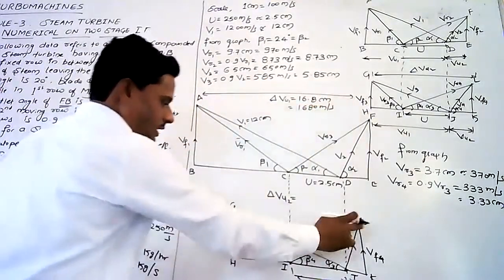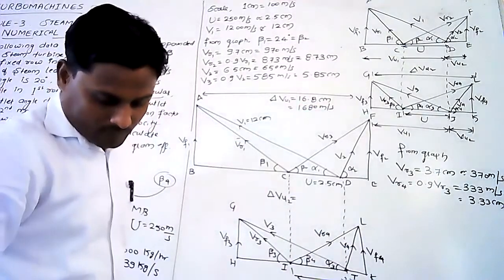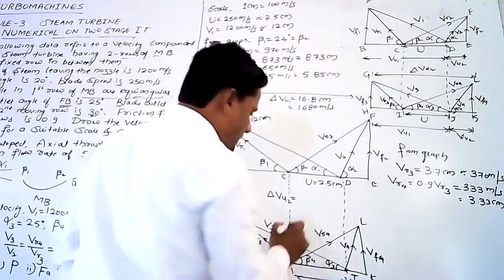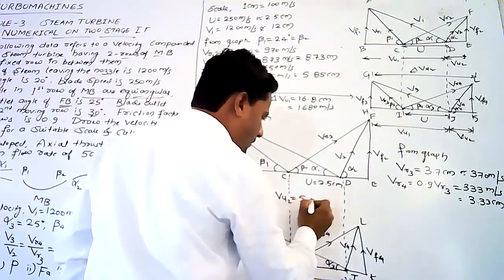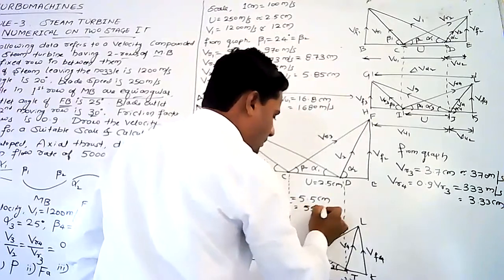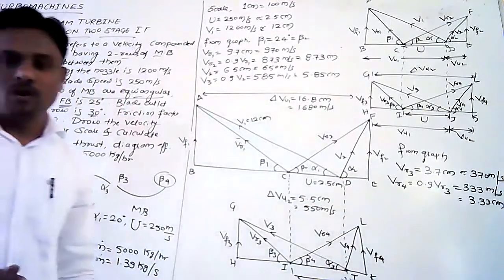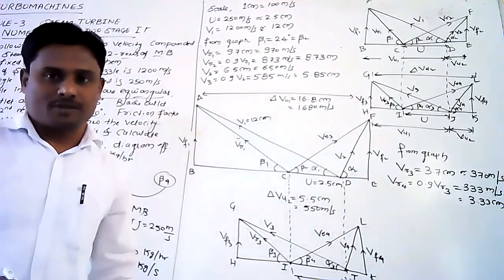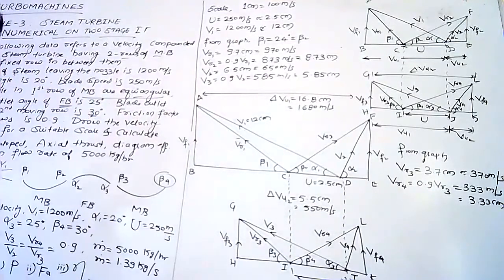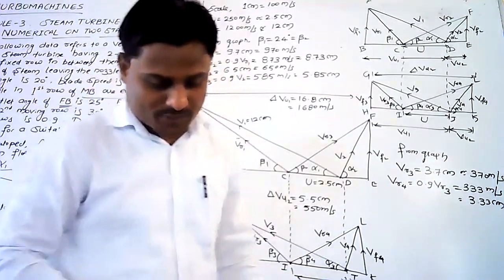Similarly, the total distance between H and K is delta VU2, which is 5.5 centimeters, or multiplying by 100, 550 meters per second. So this is all about the velocity triangle for the second stage.